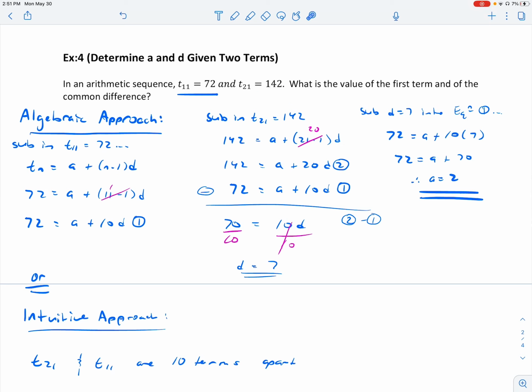So what's the common difference? Well, basically D was added 10 times to go from here to here.